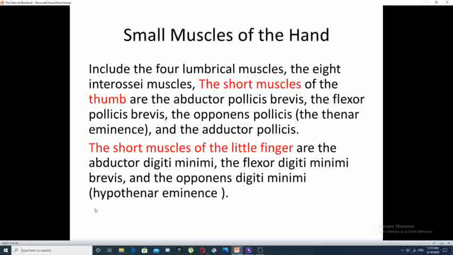This is to differentiate them from the long flexor muscles, which means flexor digitorum profundus, flexor digitorum superficialis, and flexor pollicis longus, which have their origin in the forearm, but their insertion into the fingers.